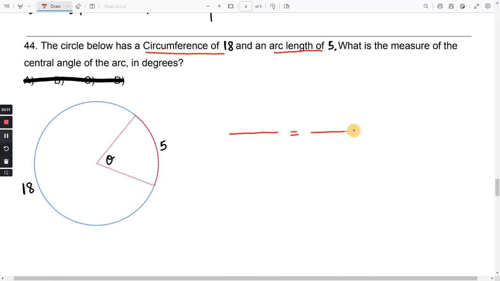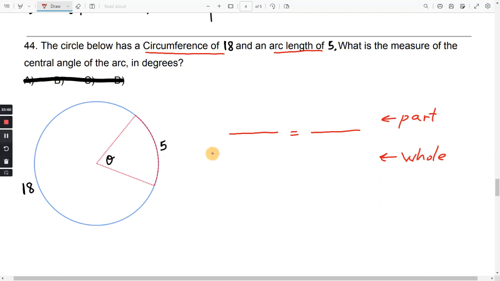So in both cases, we will do the part in the numerator, and we will do the whole thing in the denominator. Okay, the more this angle opens up, the longer the arc length is going to be. So the ratio of the angles is the same as the ratio of the arc lengths.